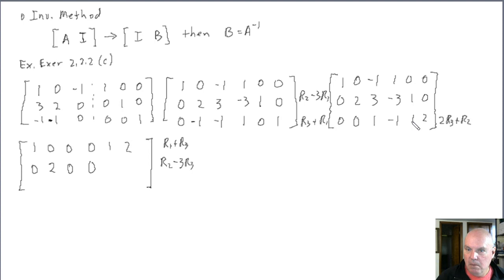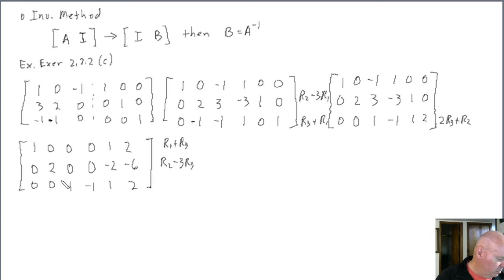Then 1 minus 3 is minus 2, and finally 0 minus 6. I don't have to do anything to the last row: 0, 0, 1, minus 1, 1, 2. Almost there.